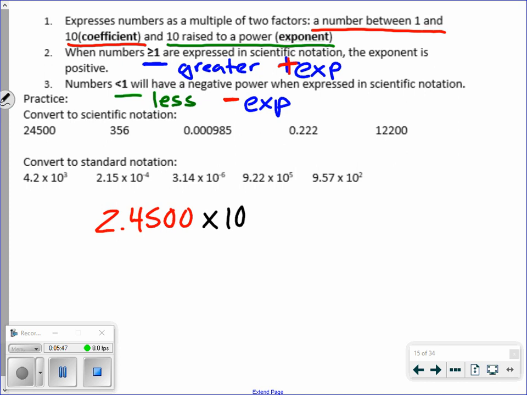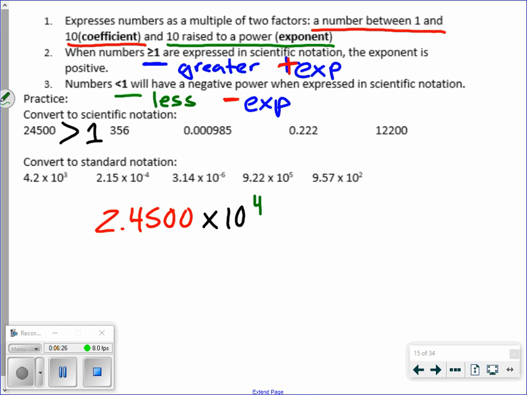And then first tell me, are we going to have a negative exponent or a positive exponent? Positive. This number is way greater than 1, so a positive exponent. How many times do we move the decimal? 4. 1, 2, 3, 4. That was right. Times 10 to the 4th. So 2.4500 times 10 to the 4th.